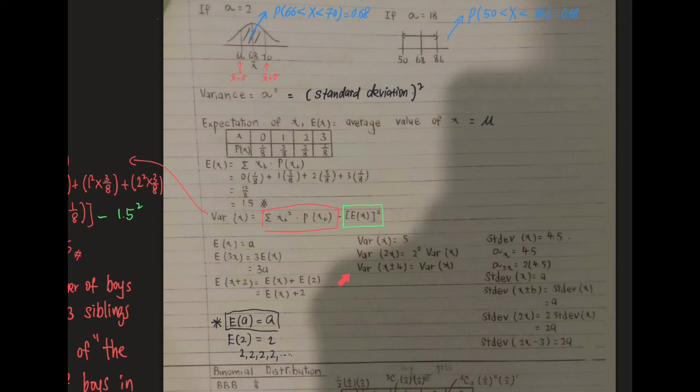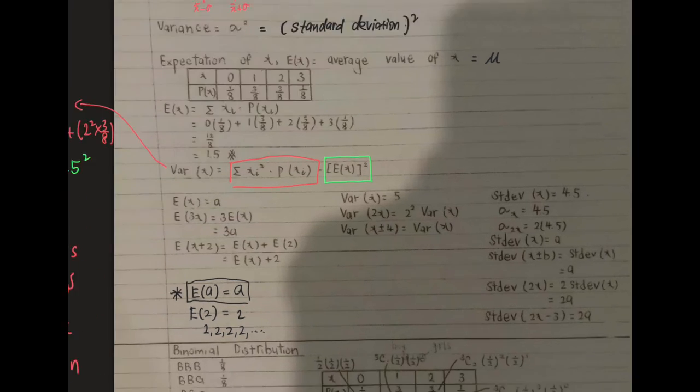But if you have variance of x plus or minus 4, we end up with variance of x only. Where is the plus or minus 4?